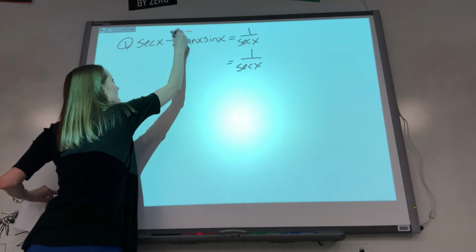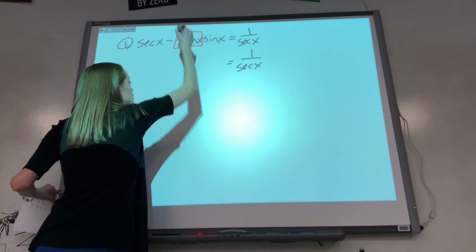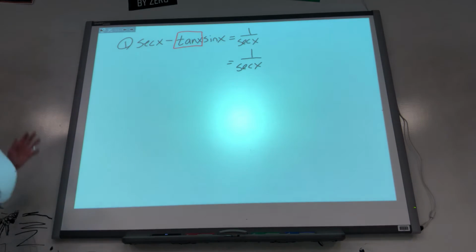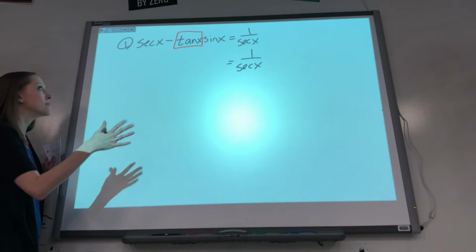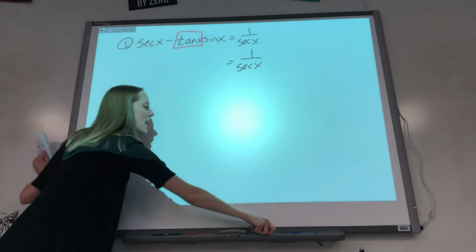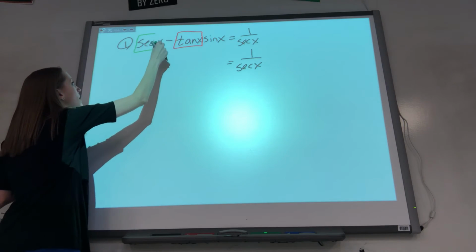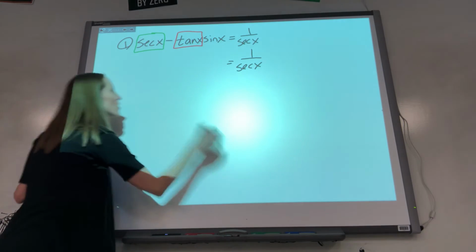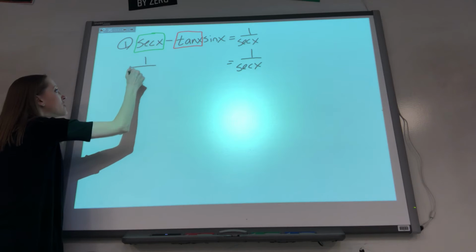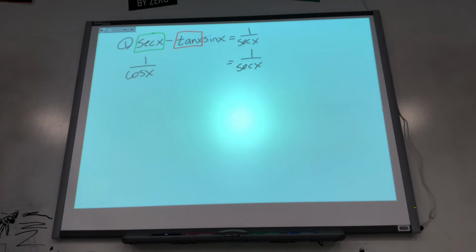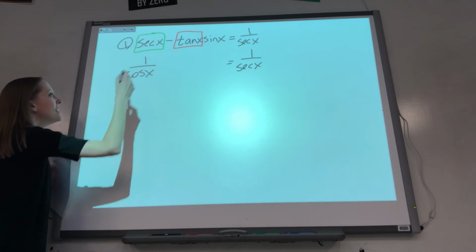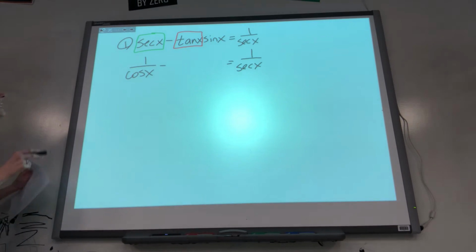I'm definitely going to change tangent to be sine of x over cosine of x. But speaking of cosine, I could also change secant using a reciprocal identity. I could change that to be 1 over cosine of x. So let me catch up to my brain here.